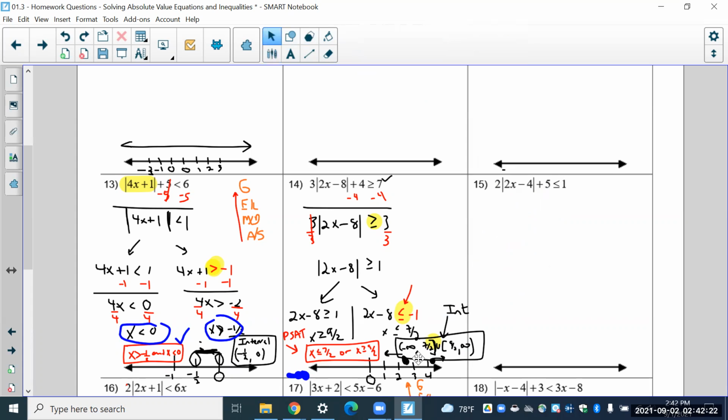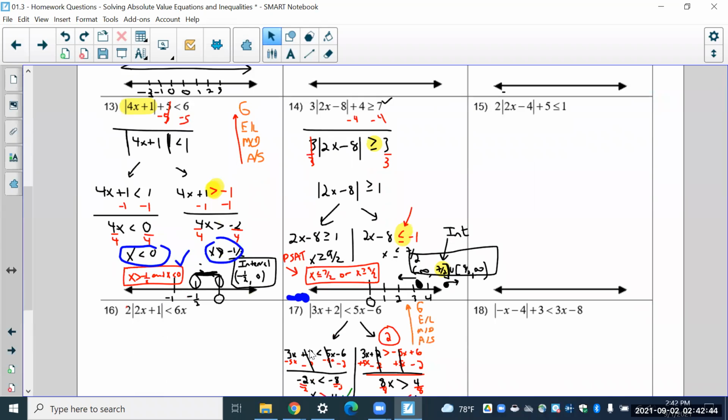I just noticed that dot should actually be more like right there. So anyway, hopefully that's good for you. So they need to be in interval notation. You connect with a union. Union actually means or, and you use a solid square bracket because we have an equal sign, as opposed to over here where you use parentheses because we have open circles.